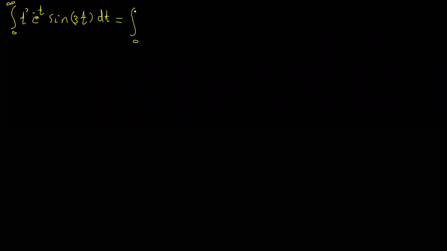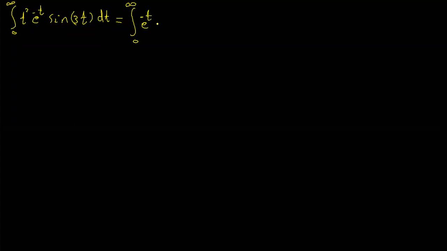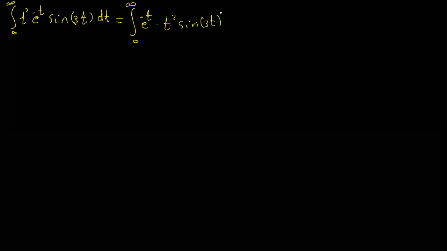Look, what Muhammad said, he told me, Professor, I can write this integral as the integral from 0 to infinity of e to the negative t times t squared sine 3t. I didn't do anything here, only multiplied t squared by sine.